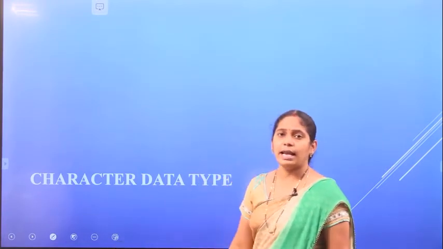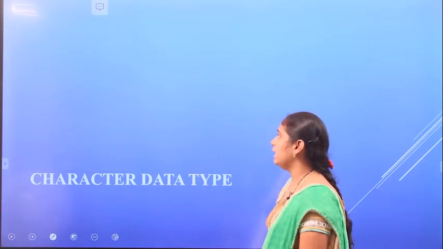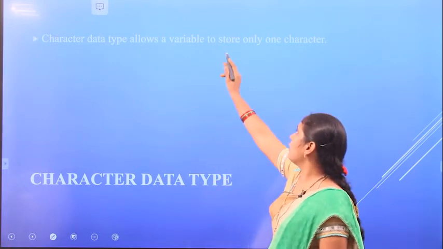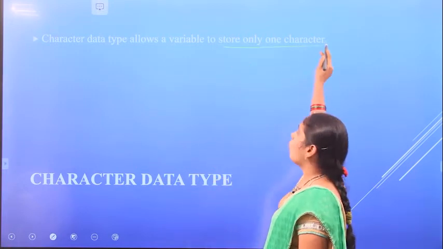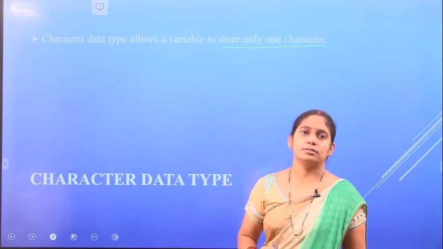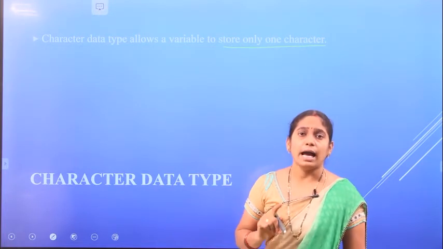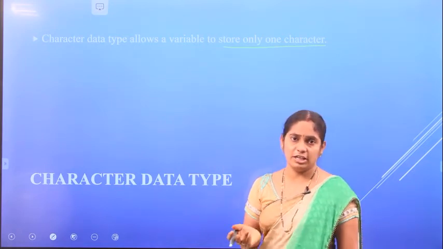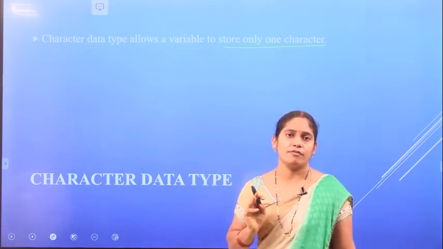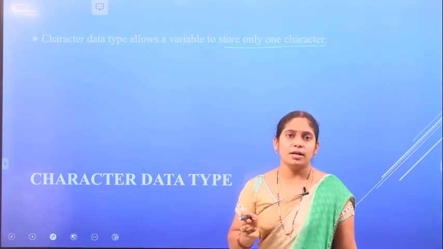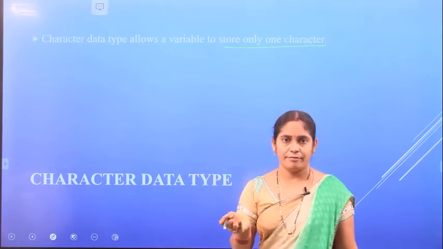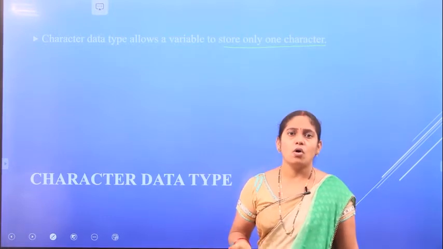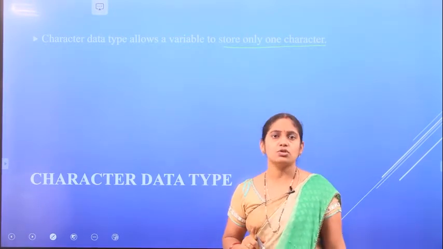Now see, character form. In that, character data type allows a variable to store only one character. Character data type allows to store only one character, like gender means M or F. Pass or fail, P or F. Yes or no, Y, N. Likewise, only one character it allows the user to store.